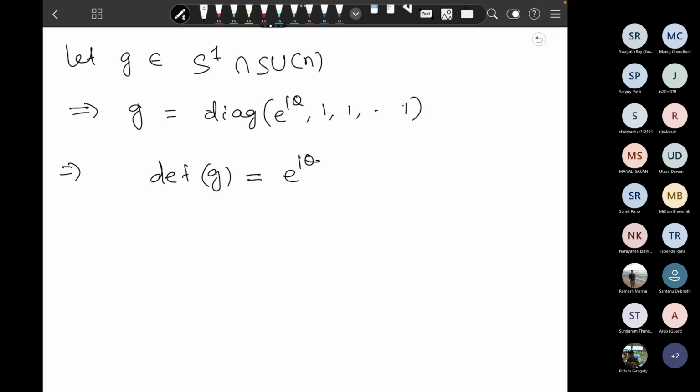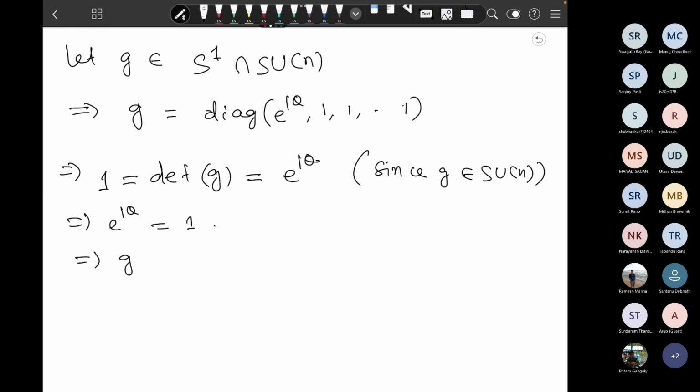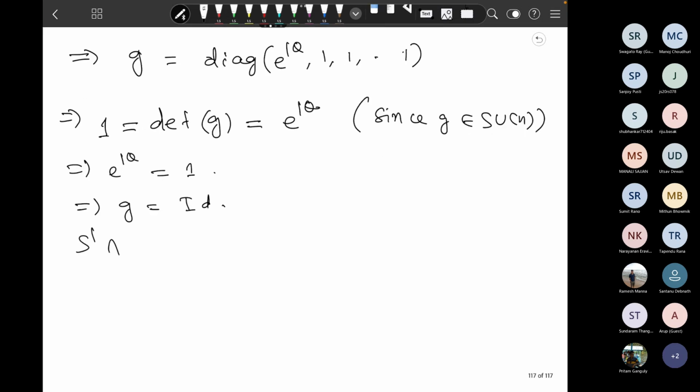But G belongs to SUN, so this is equal to 1. That means e to the power i theta is equal to 1, so G is equal to identity. So what I get is that S1 intersection SUN is equal to identity.